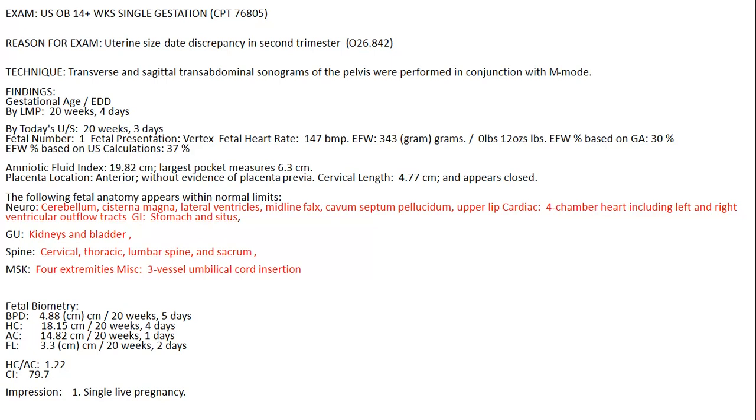Hence this report clearly supports CPT code 76805. As per LMP it is 20 weeks, so it is a second trimester exam, and all the elements are documented, hence we have coded it as 76805. I hope you have cleared your confusion regarding coding all these OB CPT codes.